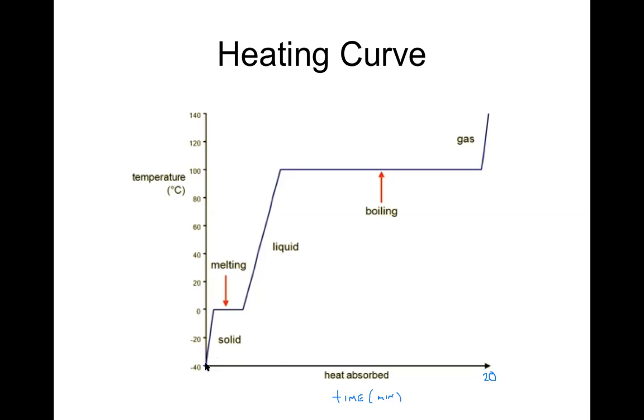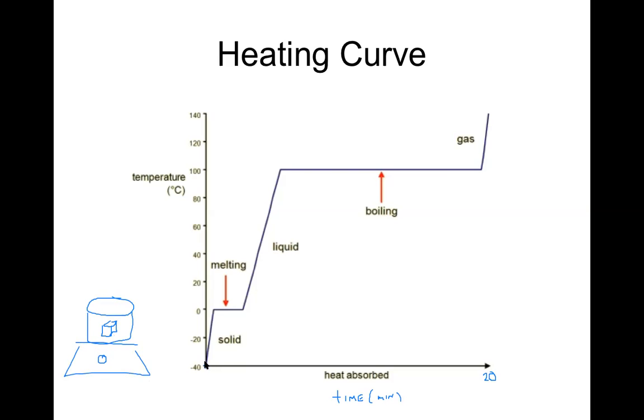The heat energy is continuously going into this beaker that has an ice cube in it, sitting on a hot plate. So we turn this on and we start. The time has started.